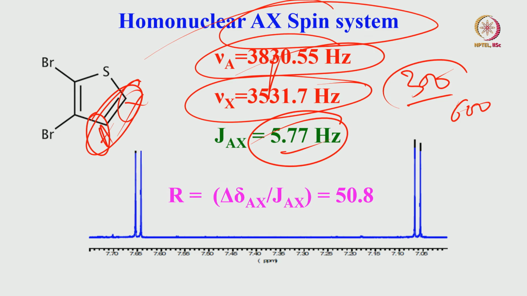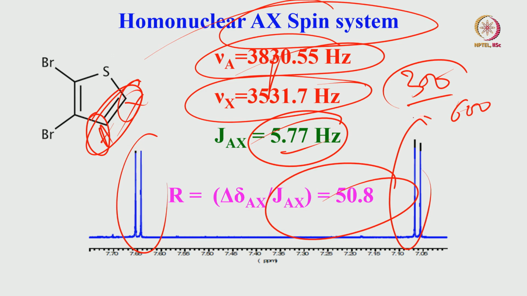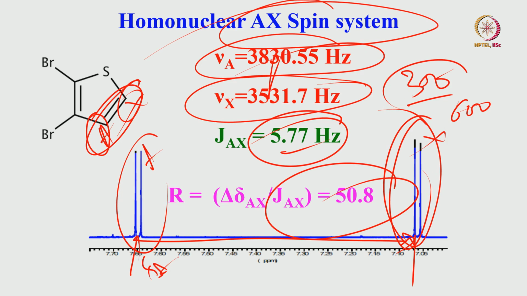If you measure the difference, this is already calculated, and look at the intensities, they are almost of equal intensity, and the chemical shift separation is so large. So it is very easy to analyze. This is an AX spin system. All I have to do is go to the center of this doublet to get the chemical shift of this proton, and go to the center of the other doublet to get the chemical shift of that proton. If this is A and this is X, I get delta A here and delta X here. I measure this separation, which gives JAX.